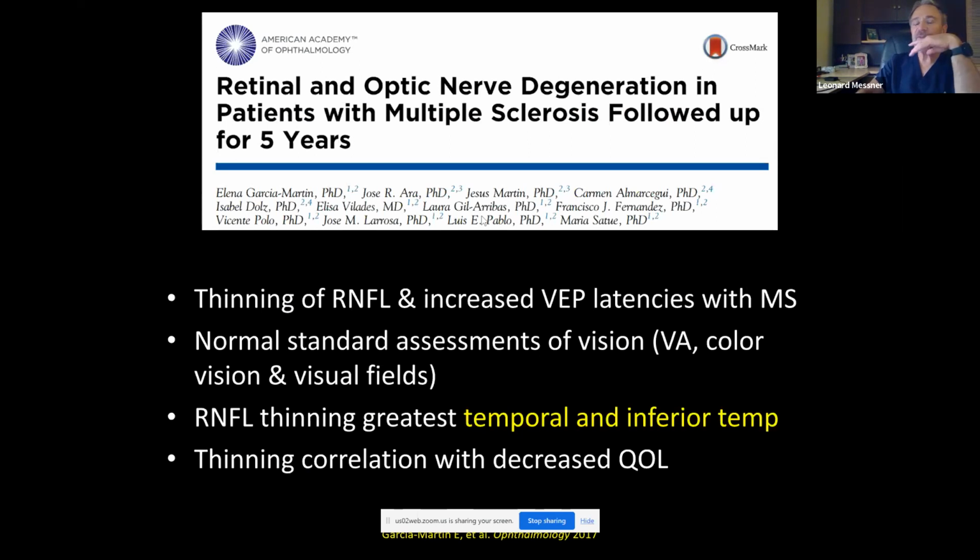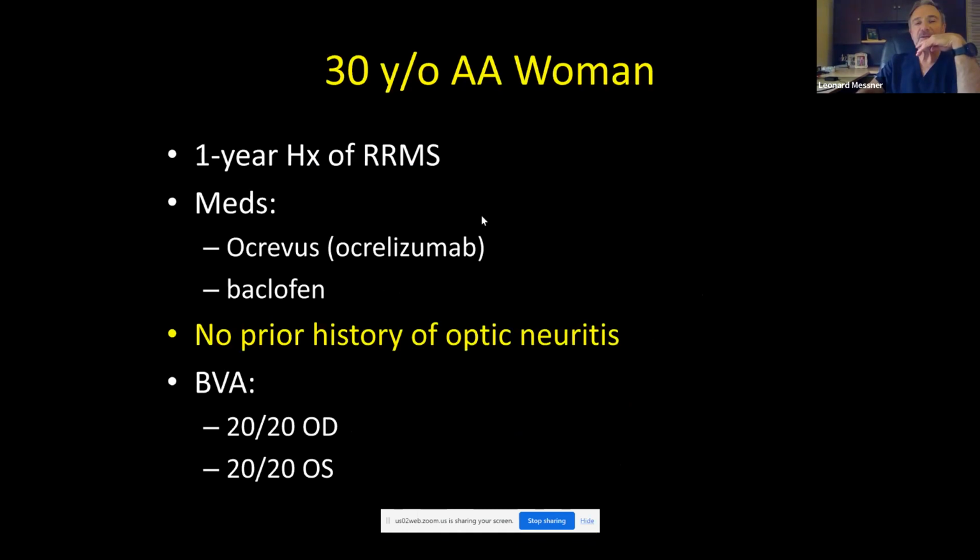You don't get that hemifield thinning that I talked to you about with retrochiasmal lesions, or binasal thinning that we get with the chiasmal lesions. And you don't get those notched areas that you see with glaucoma, you know, the nautilus sign that the glaucoma folks like to talk about. It is generalized thinning of the ganglion cell complex. So: temporal thinning of the nerve fiber layer, global thinning of the ganglion cell complex.